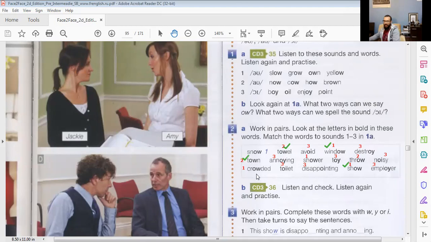Crowded. 3. Avoid. Destroy. Annoying. Toy. Noisy. Toilet. Disappointing. Employer.